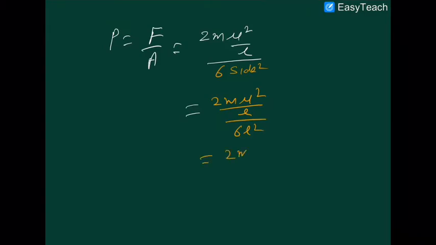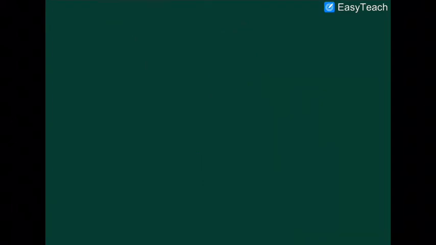So it is 2m mu square by 6L cube, which is 1 by 3 m mu square by L cube. And L cube is the volume.